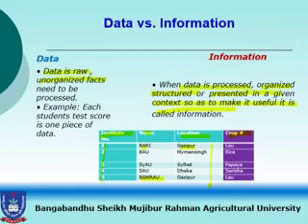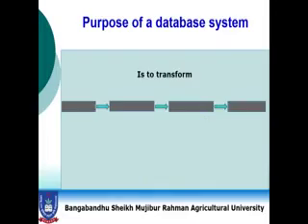Now we have to know the purpose or benefits of a database system. We already discussed how data is processed. After processing, data becomes information. From information comes knowledge, and knowledge we can use for decision making. So this is the transform cycle. The first one is data.